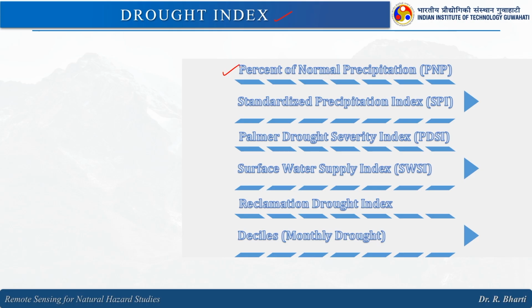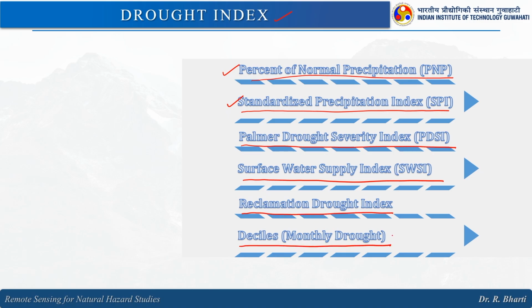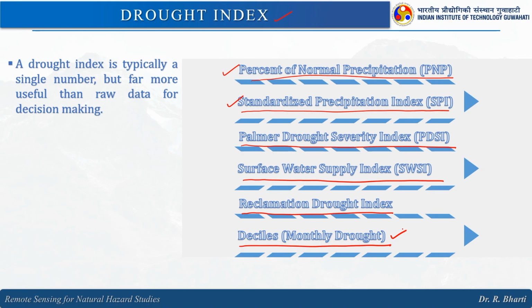So you have seen these indices: percent of normal precipitation (PNP), standardized precipitation index (SPI), Palmer Drought Severity Index (PDSI), Surface Water Supply Index (SWSI), Reclamation Drought Index, and the last one is the decile. This is the monthly drought, right.